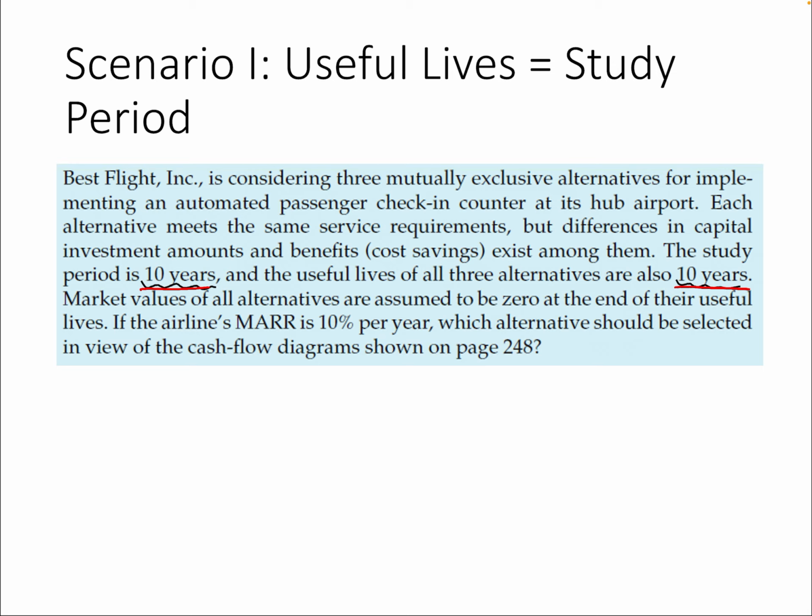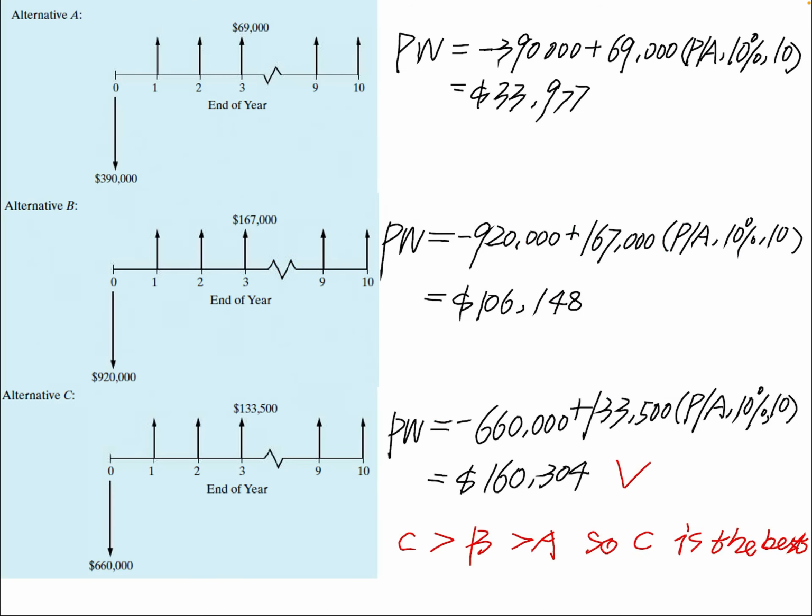So after they're done with their work, you don't sell them to any secondhand market. If the airline's MARR is 10% per year, which alternative should be selected in view of the cash flow diagrams shown on the next slides?